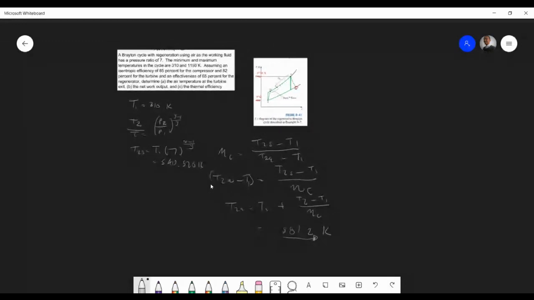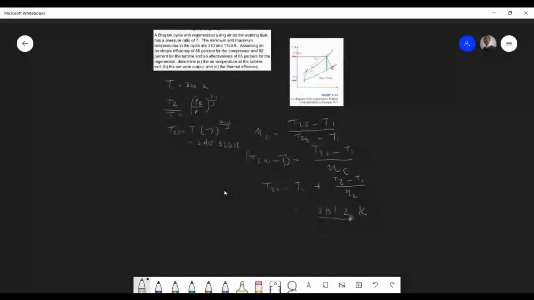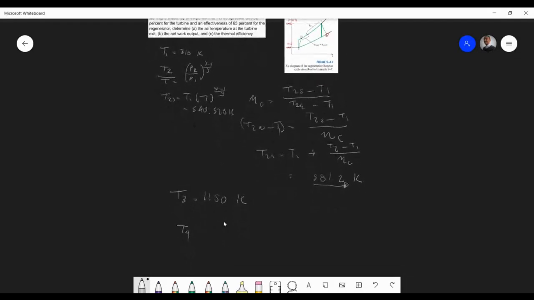So what's next? I'm just moving through the actual question. I need to write a bit neater here. So T3 is given to us, and that's going to be 1150 K. And if you find T4, obviously T4 is going to be a lot less, so it's going to be T3 over your pressure ratio to the power gamma minus 1 over gamma.